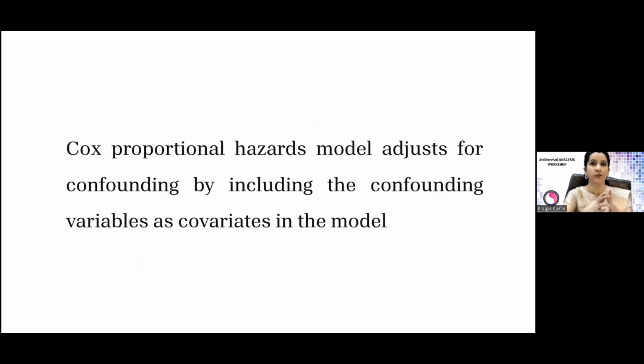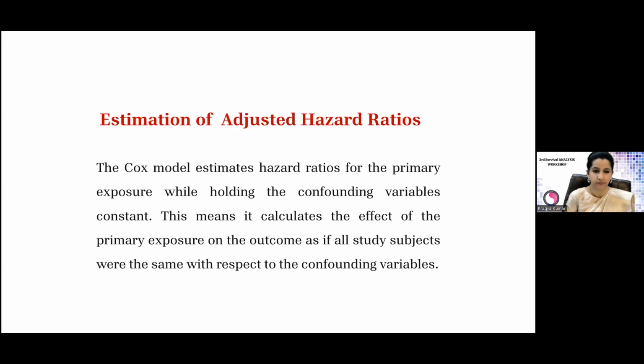So this Cox proportional hazard model adjusts for the confounder, especially the known confounder, because then you take all those confounding factors in the analysis and it gives you the adjusted effect or the adjusted hazard ratio. The Cox model estimates the hazard ratio for the primary exposure, and it controls the other confounding variables constant.